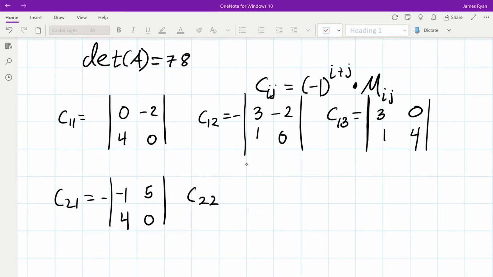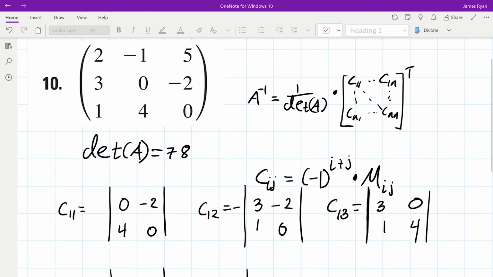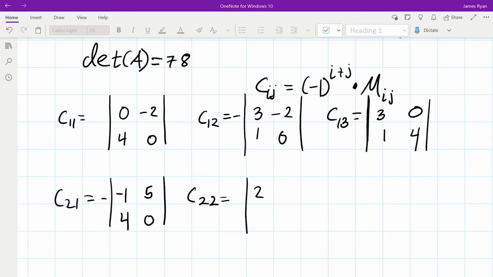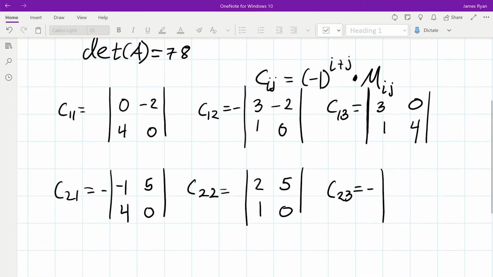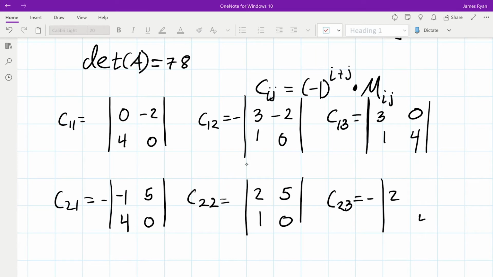C22 is positive, the minor determinant 2, 0, 1, 5. C23 is minus the minor determinant 2, 4, 1, -1.